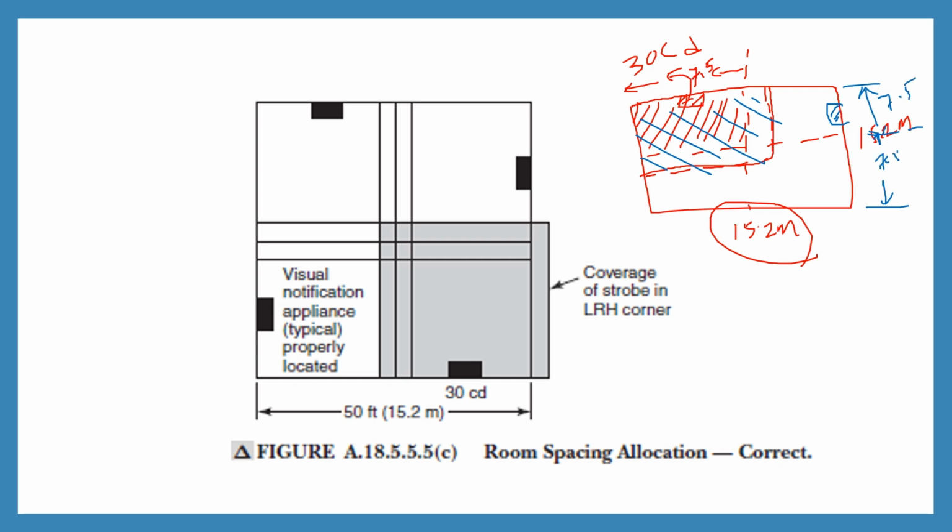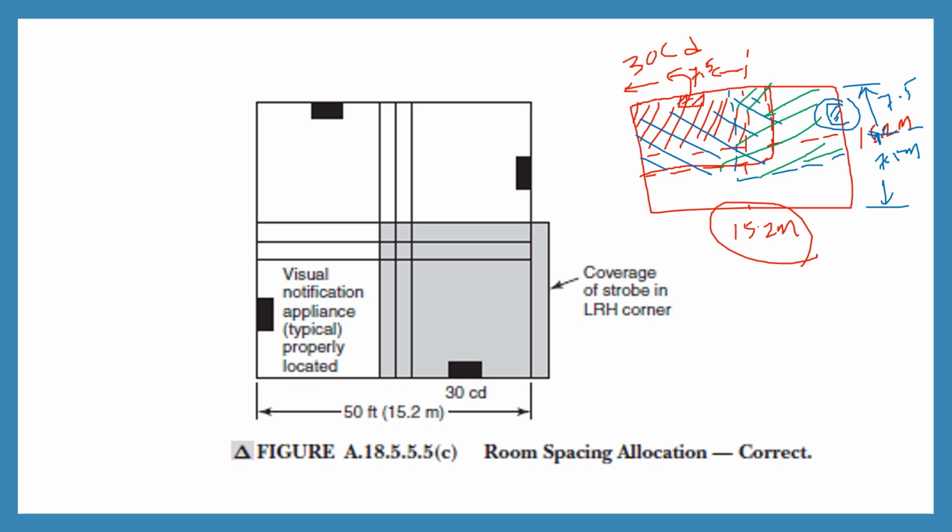So I will place the strobe at this wall, considering this as a room. Just draw an imaginary line and place the strobes. So this strobe will cover till here, and it will reach this particular location. You just try to draw on your own so that you will be able to understand. So this area is covered.